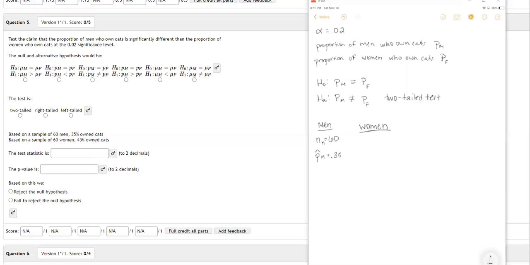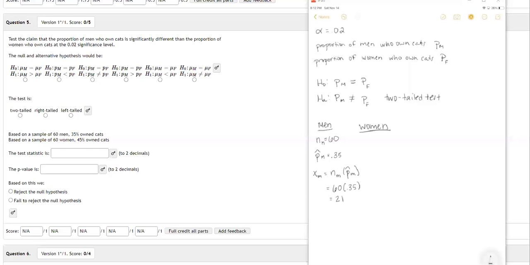In order to find x sub m, we can multiply n sub m times p hat sub m. We want to find the number of successes because I'm going to enter this into my calculator. So I have 60 times 0.35, and on the calculator I end up with 21.